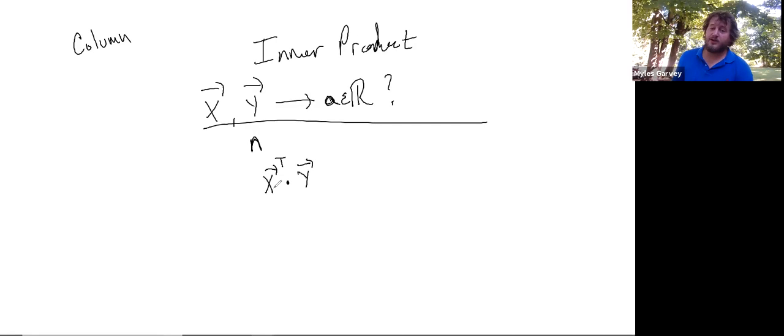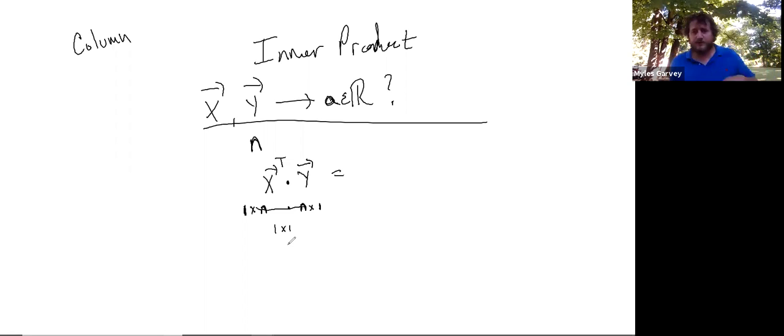So when I do the T, this now turns into a row vector, where we have only one row, but we have n entries. And the column vector here has a total of n entries and one column. The way that we define the inner product between the two vectors, as you can see, the two n's here are going to cancel, and we're left with a 1-by-1 matrix, which is usually assumed to be equivalent to a number.